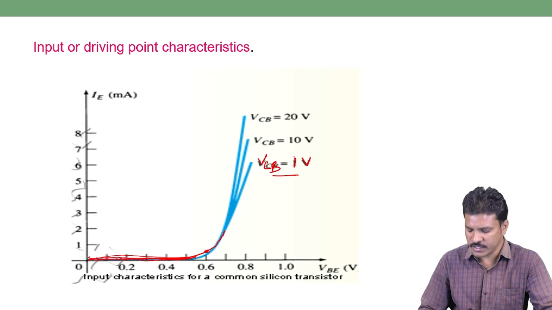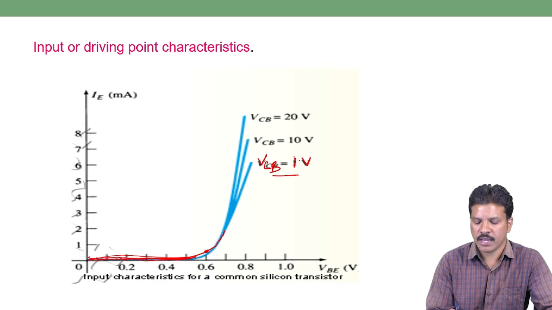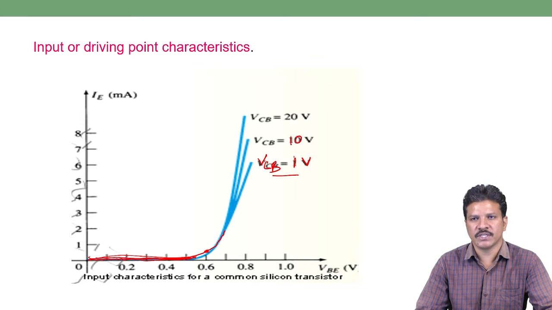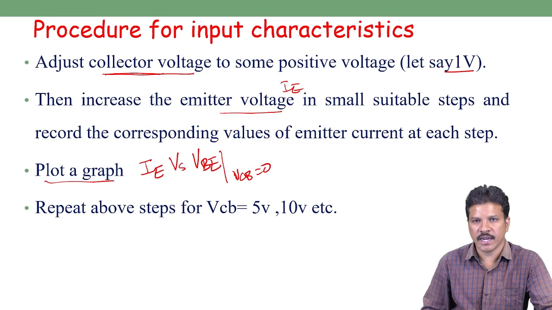In this procedure, we keep another voltage constant: we change the output collector-to-base voltage from 1 volt to 10 volts, keep it constant, and come to the input side.